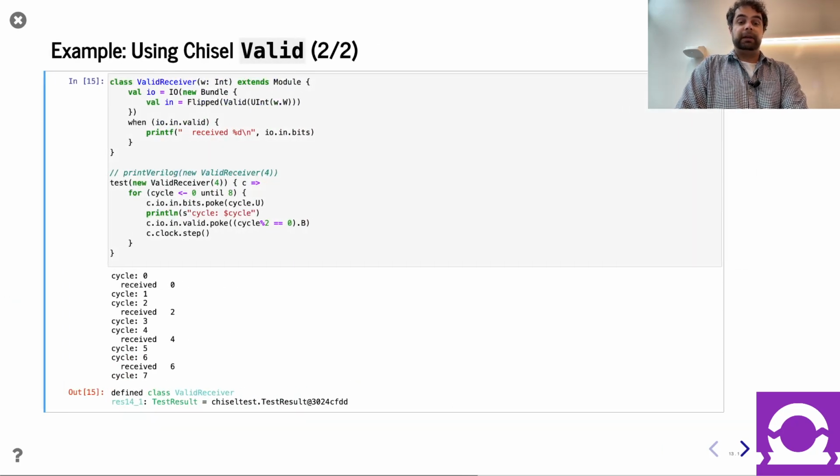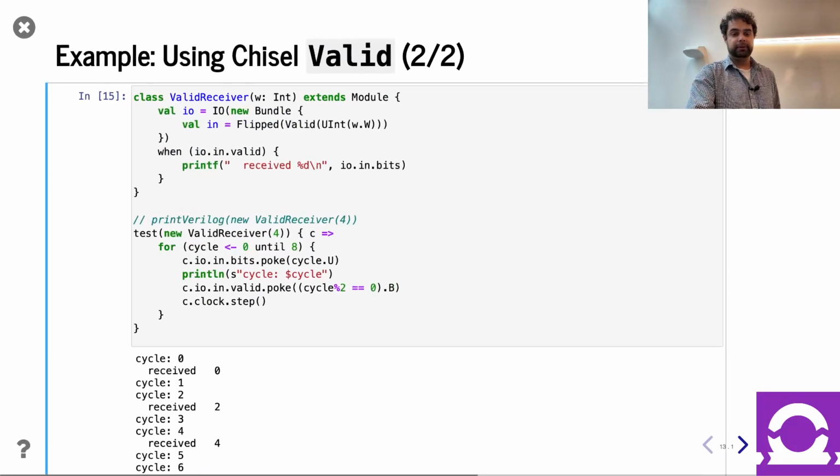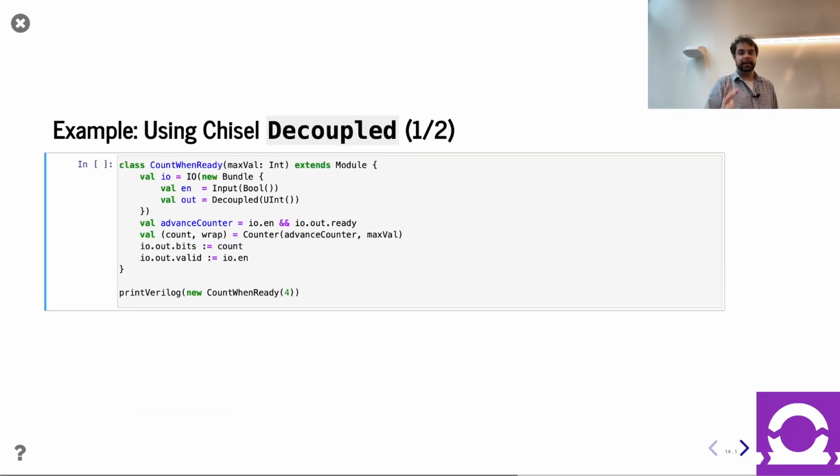Okay. So yeah, validate that we're just adding another wire next to the original data to indicate this is real data or not real data. Then the decoupled, of course, adds both valid and ready. So we're going to do a counter in this case, right?